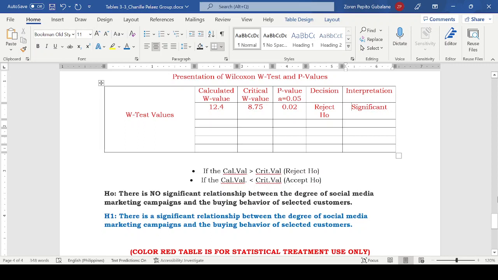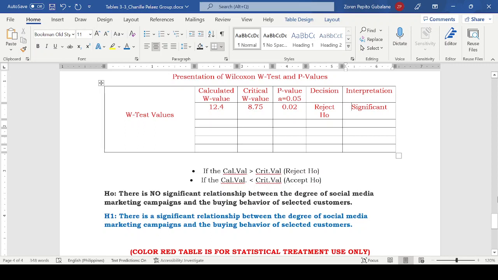So what does it mean? Okay, what does it mean? The efforts of the business to go about social media marketing, in terms of rigid campaigning, promotions related to social media marketing, resulted in a good buying behavior. So it is a direct proportional relationship.